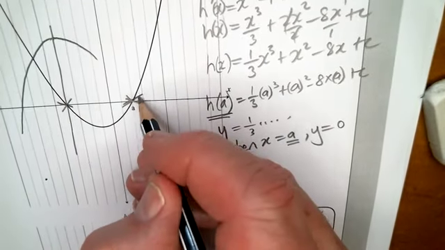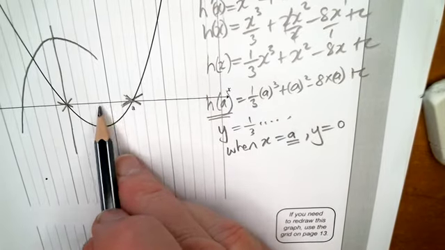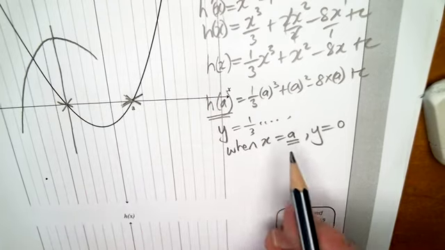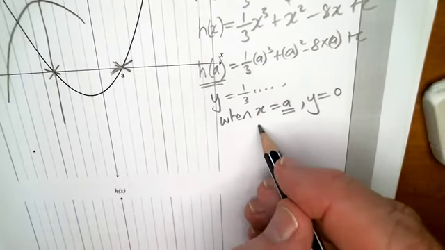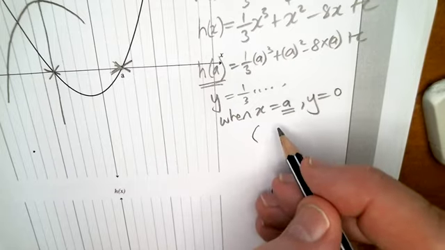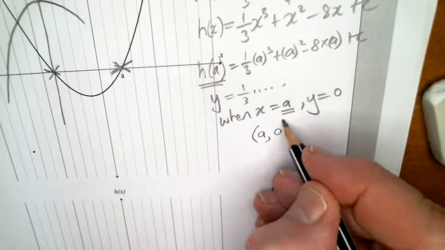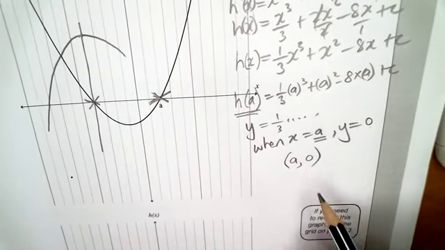There it is. My x value is a. Now, I've gone along x. How far do I go up? Well, I go up 0. So I've got a coordinate here, which is going to be a along and 0 up. And so let's do that now. So we're going to go a along and 0 up.